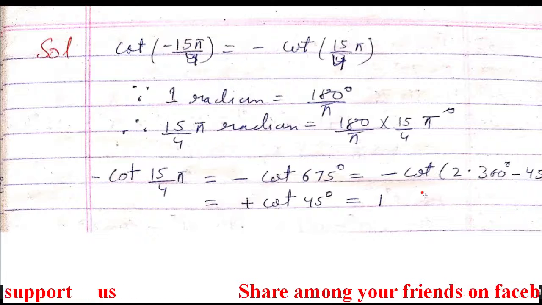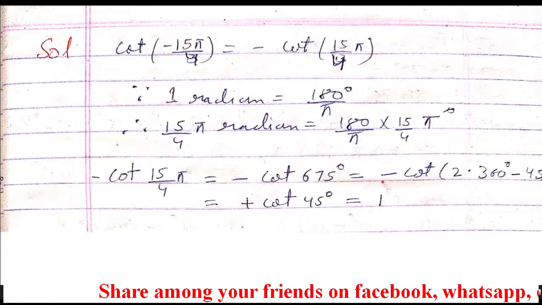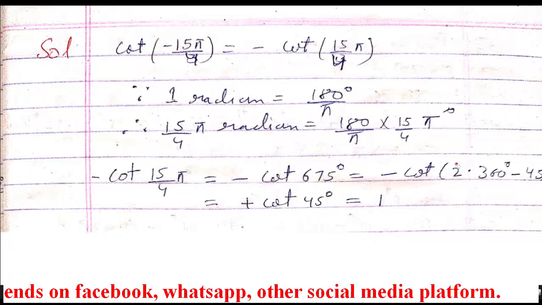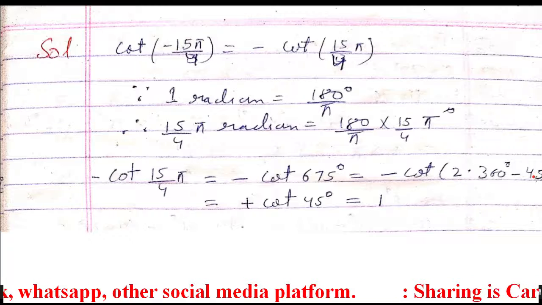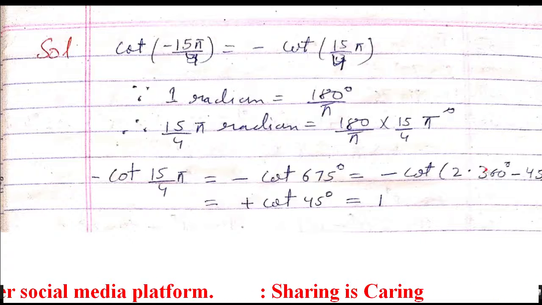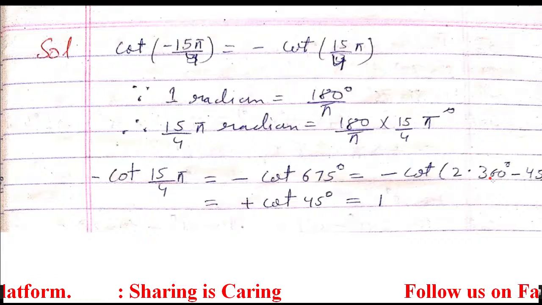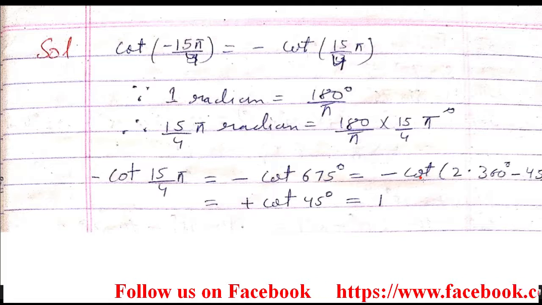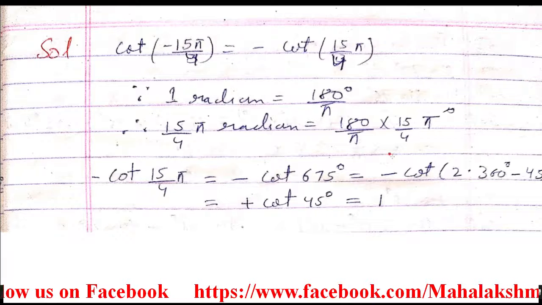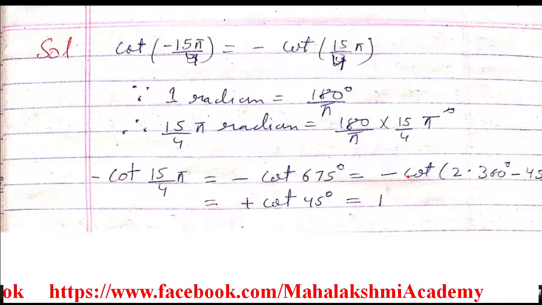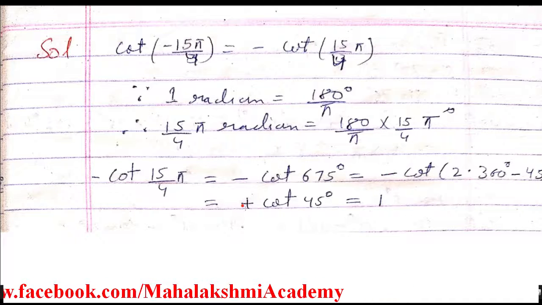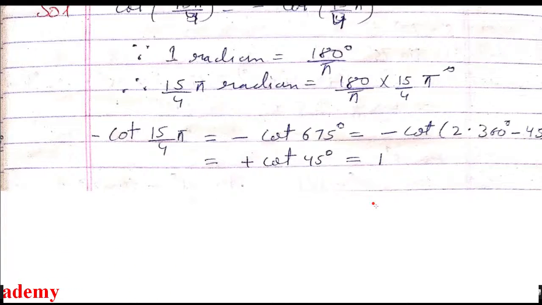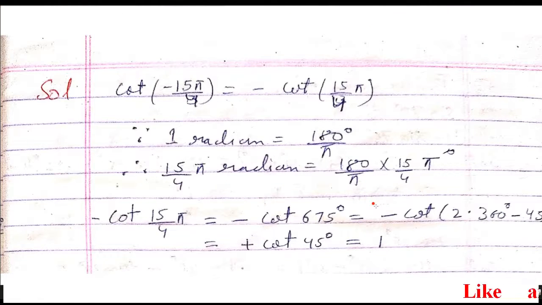When you solve this, you will get again 675 degree. Now it's 360 degree, which means you do not have to change, and minus 45 we are doing means it is moving in the fourth quadrant, and in the fourth quadrant cot is negative, so it will acquire a negative sign, and already a minus sign is there, so minus minus plus, so plus cot 45, that is 1. So all the questions of this exercise are completed.